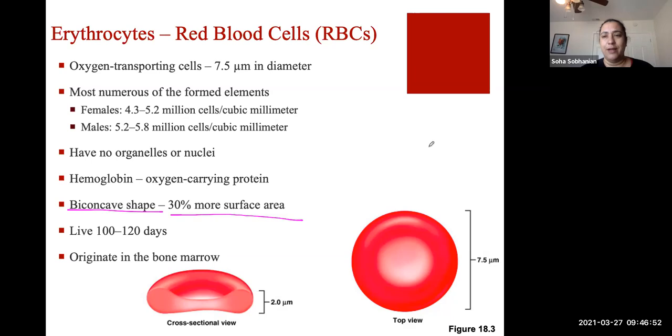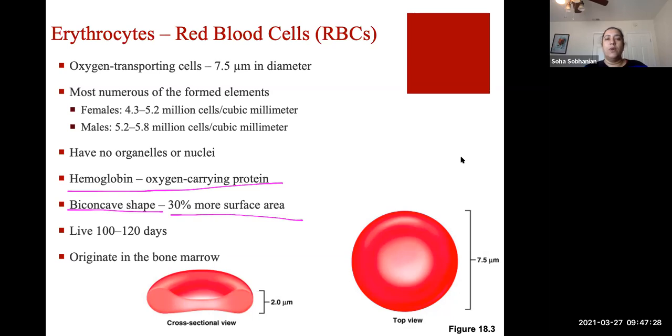The reason for it is to open up a space for a protein called hemoglobin. So I'm going to type this again: all the organelles and nucleus are removed to open up space for the protein carrying oxygen, called hemoglobin.